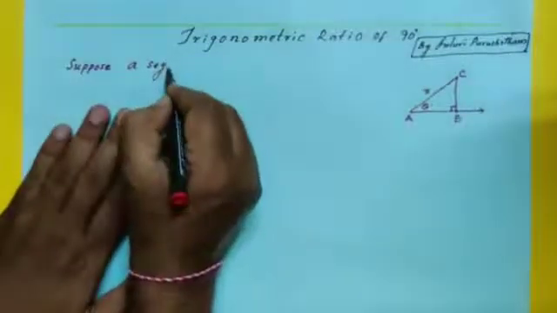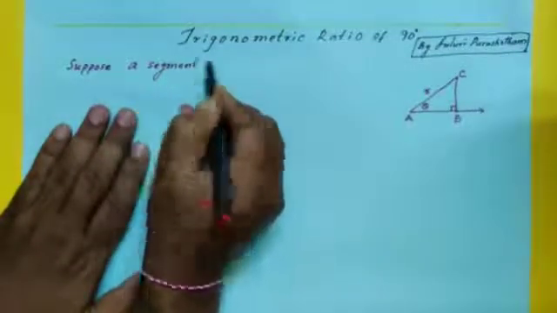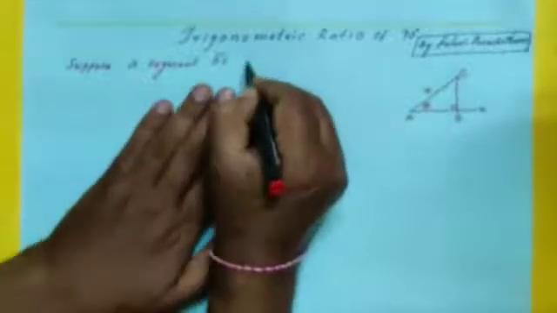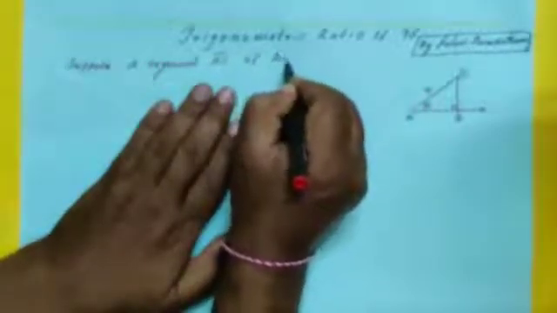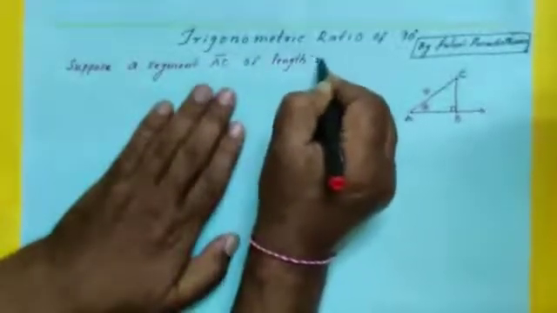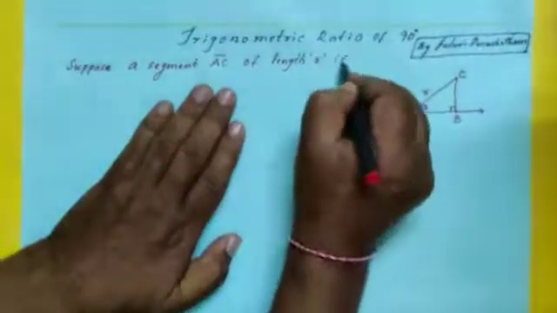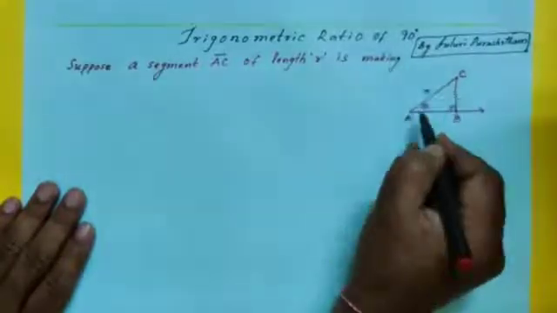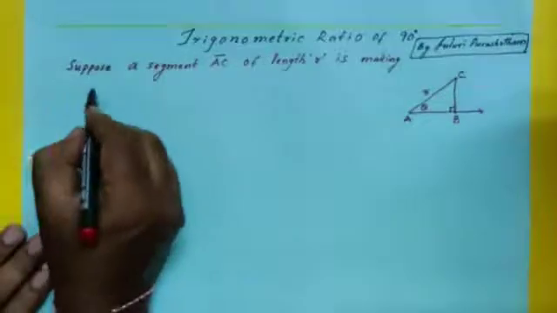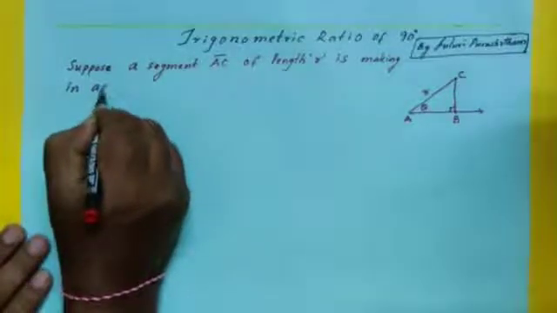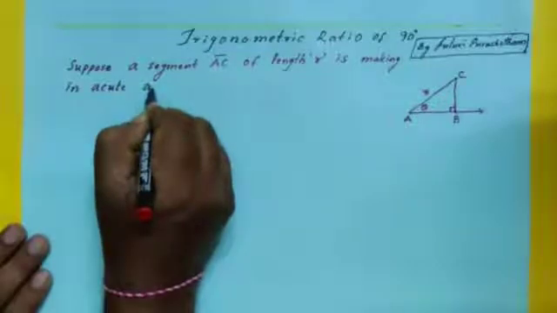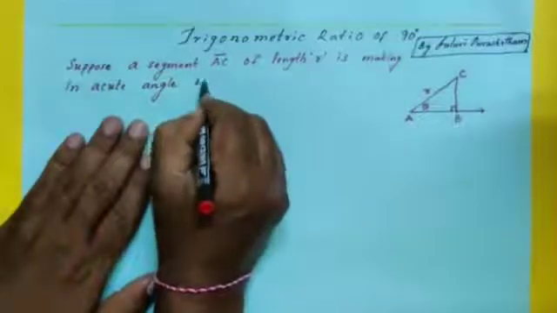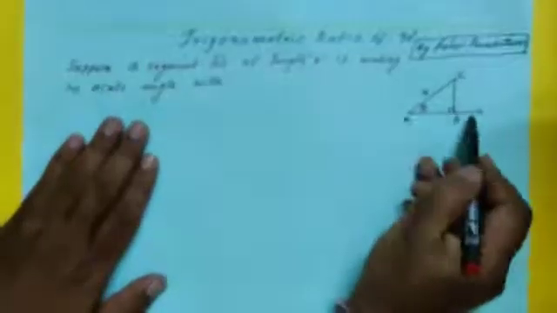Suppose a segment AC of length r is making an acute angle with this ray, with which ray, Nana?